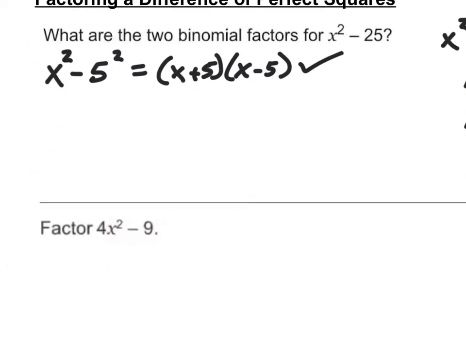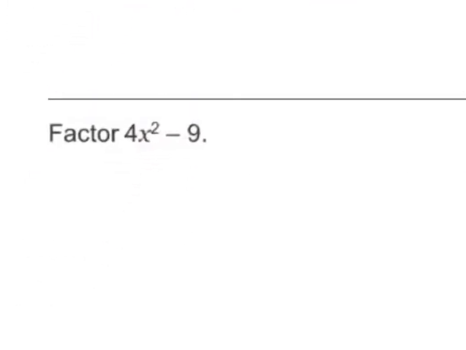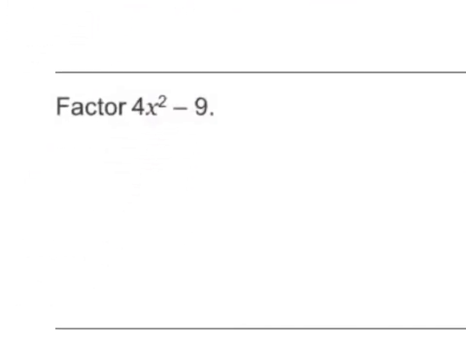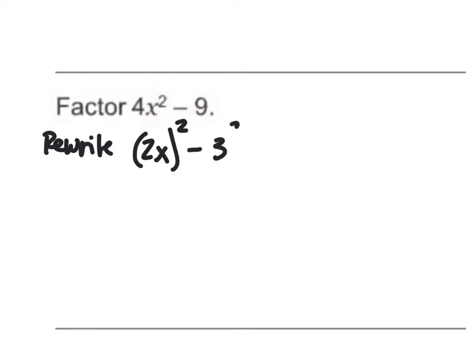But what if you have something like this? What if you've got, say, something like 4x squared minus 9? Now, here's the problem: you have this leading coefficient of 4 out here. Let me rewrite this. What if I wrote this as the quantity 2x squared, I'm sorry, 2x quantity squared minus 3 squared?